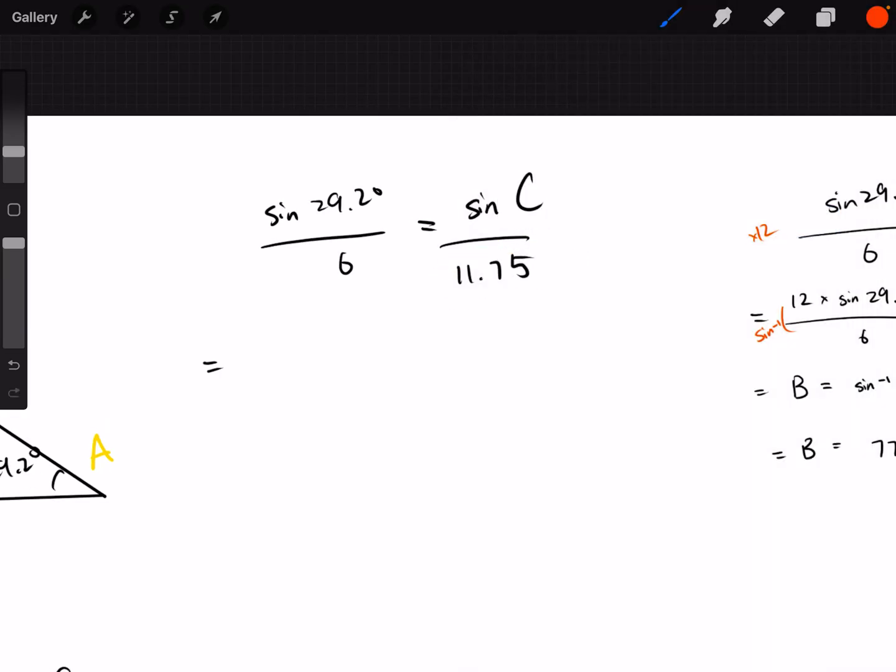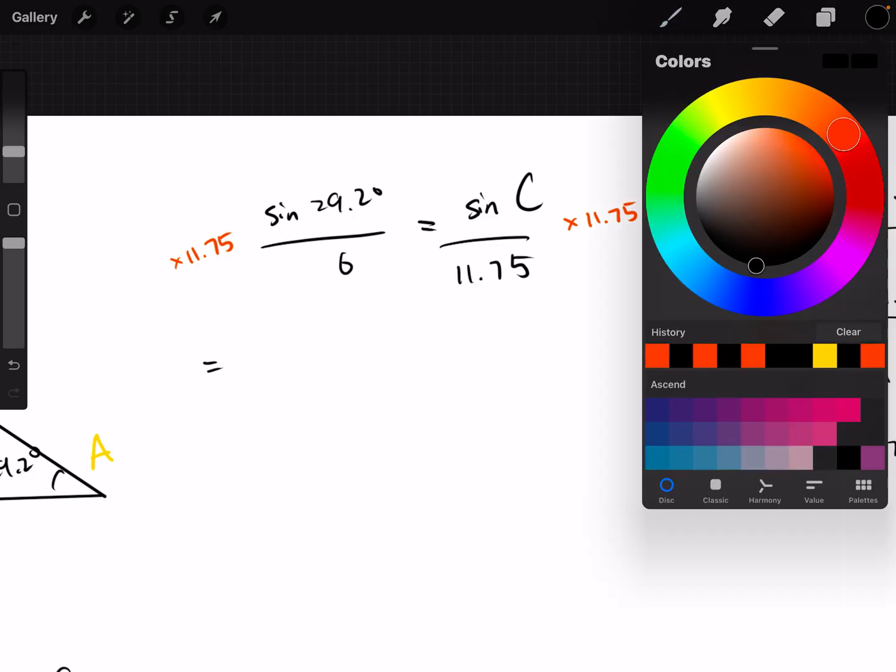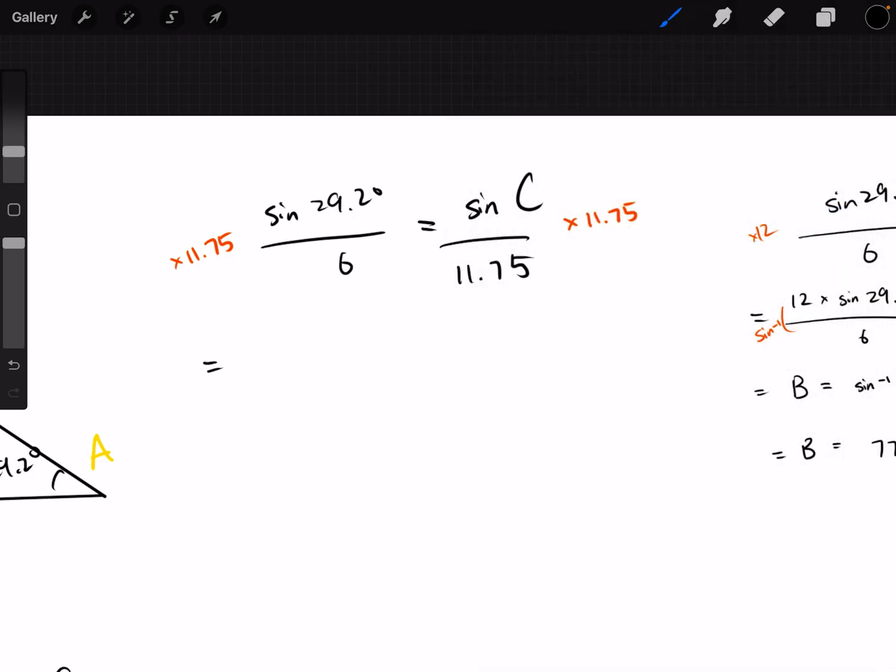Get rid of this denominator over here by multiplying by 11.75. Okay, what do we have? So this and this cancel out. You have sine capital C, and then everything else here.